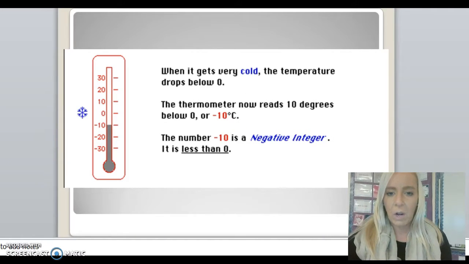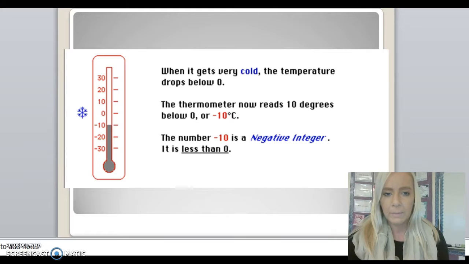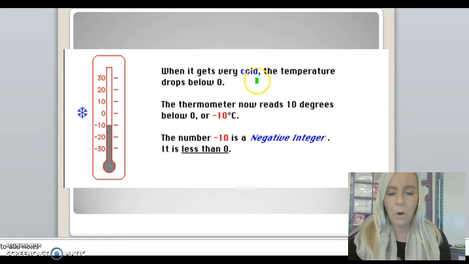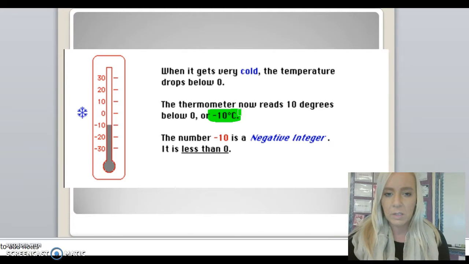When it's very, very cold, in which Miss Fosdick is going to fly somewhere very warm, out to Mexico or something, when that temperature happens. When we have very cold weather, sometimes we read a thermometer or if you have a weather app on your phone, or if you watch the news when they discuss the weather, they'll put a little negative sign or a minus sign next to the temperature.